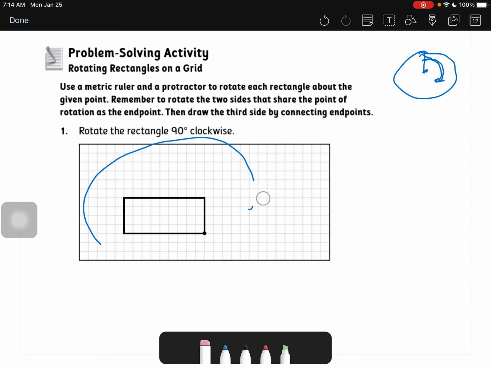Okay? All right. So with this shape here, I always think of something like a box laying flat like this and I want to tip it. If it's laying flat, 90 degrees means tip it straight up. Now what's going to happen is, how long is this? 1, 2, 3, 4, 5, 6, 7, 8, 9. It's 9 long.